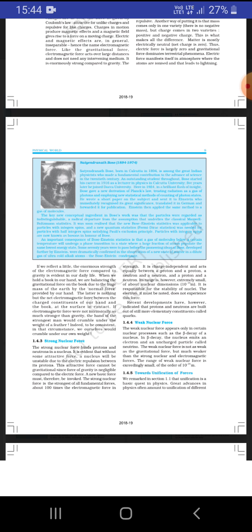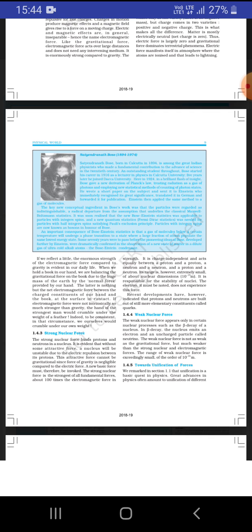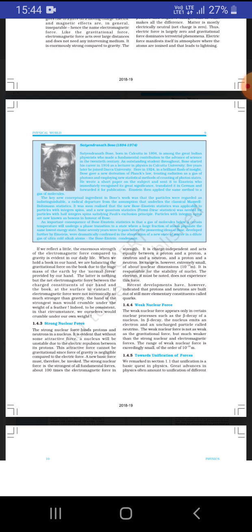And the electron, it must be noted, does not experience it. So like this it is strong, they are saying. However, it indicates that proton and neutron are built out of still more elementary constituents called quarks.